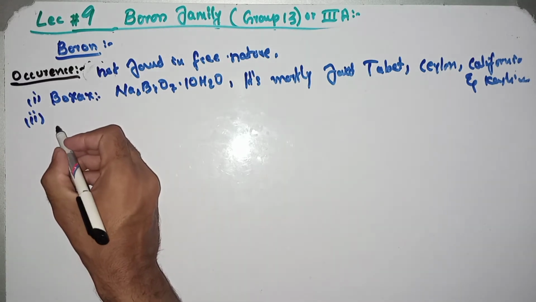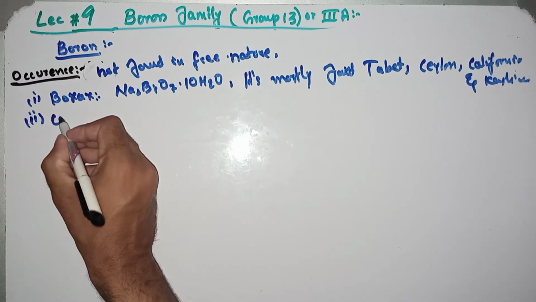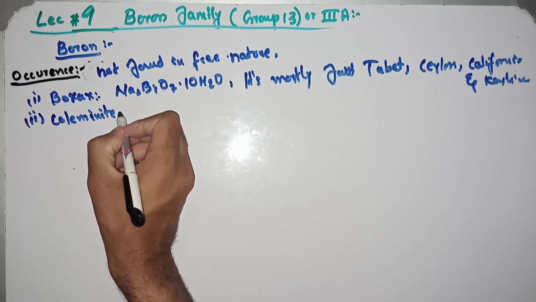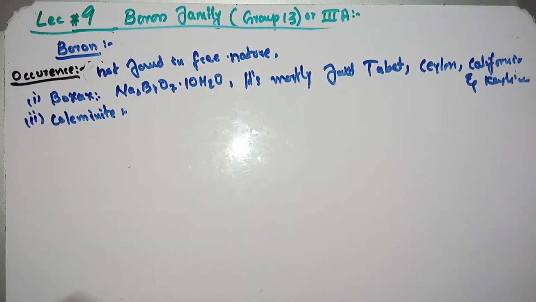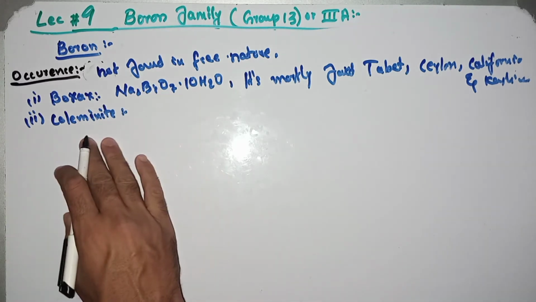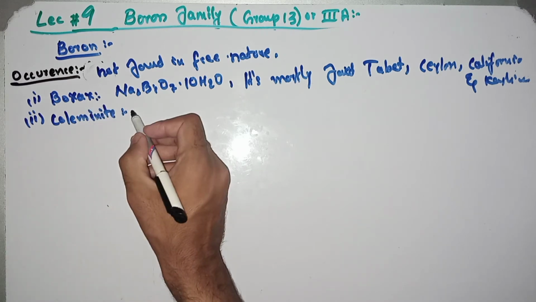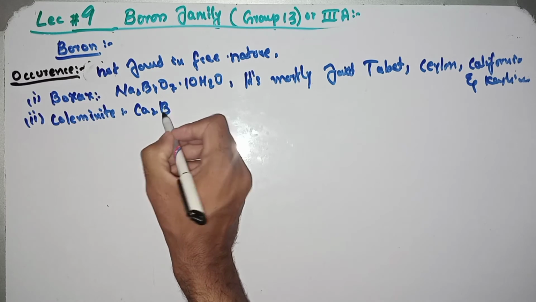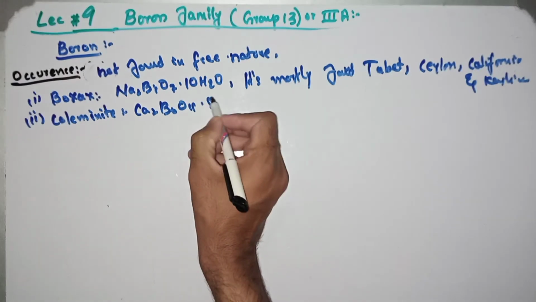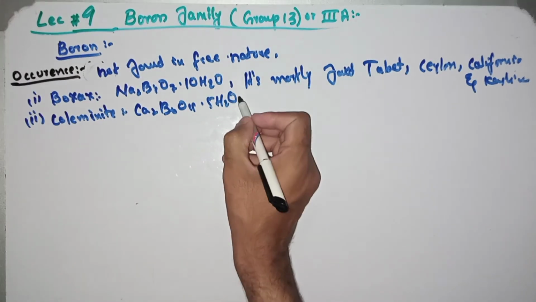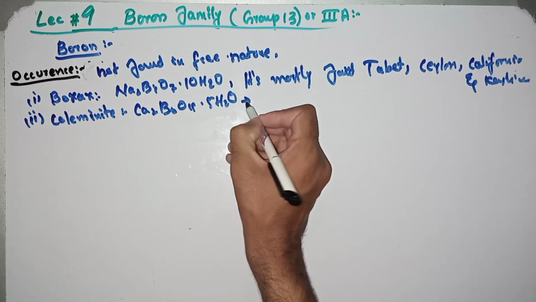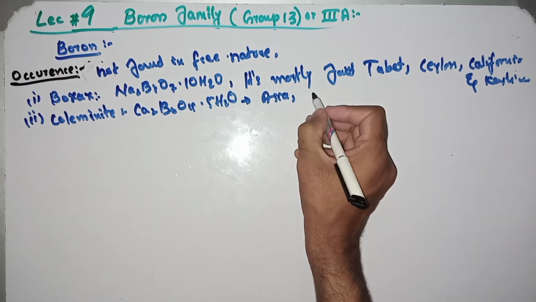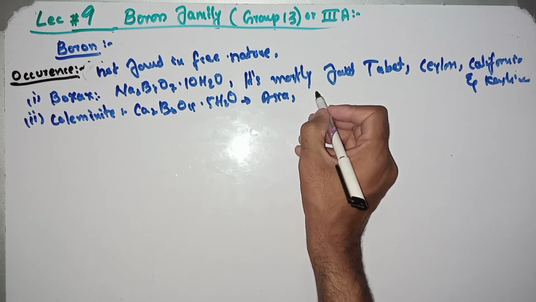Similarly, boron is also present in the combined state in colemanite, that is Ca2B6O11.5H2O. It can also be found in Asia and America.